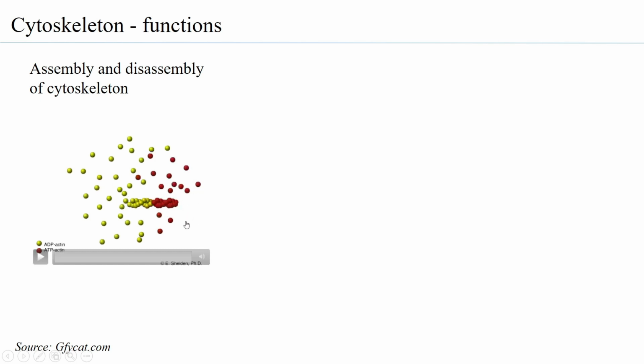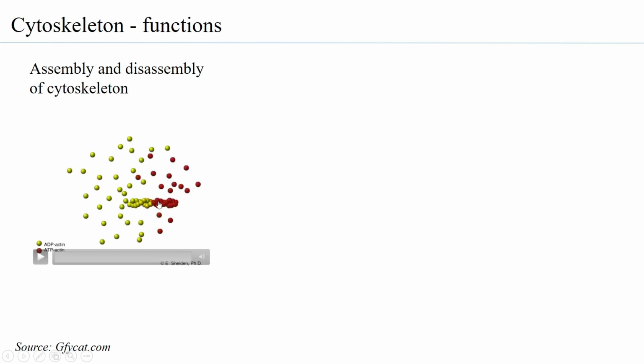So you have polymerization at this end and depolymerization at this end happening at the same time, by virtue of which the actin that originated here moves on to here. So you can see how, due to the assembly and disassembly of the cytoskeleton, you have the cytoskeleton moving inside the cell, and in lieu of that you will have the cell moving.